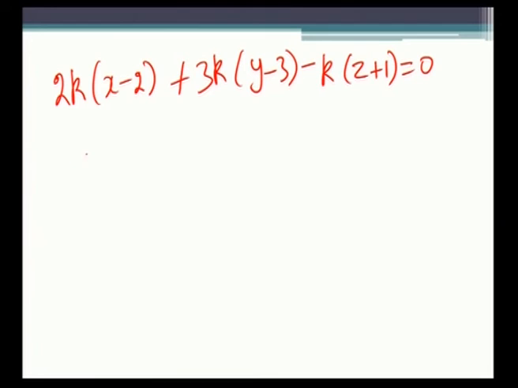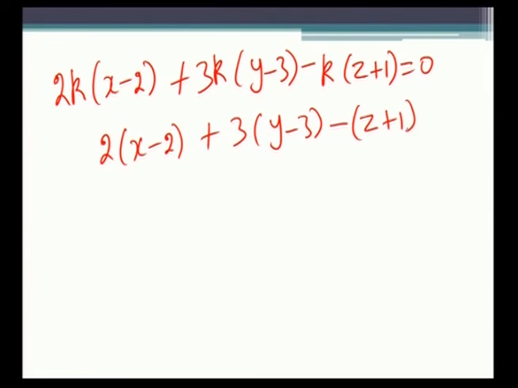Now simplifying this equation, we will get 2 into (x minus 2) plus 3 into (y minus 3) minus (z plus 1) is equal to 0. Since k is not equal to 0, this is the equation obtained after simplifying the above equation.